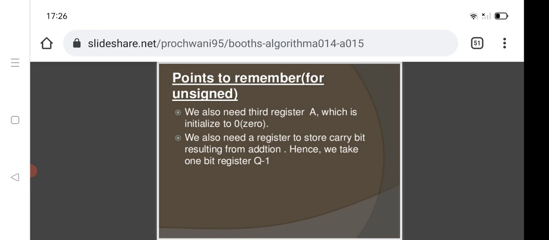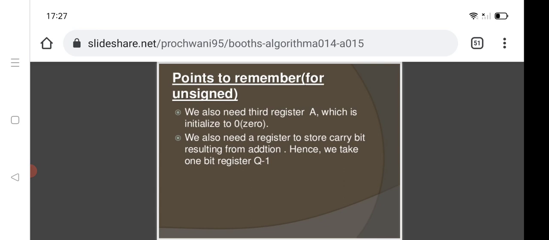To store that, we require a 1 bit register, which is Q minus 1. So in total we require 4 registers: the Q register, the M register, the A register, and the 1 bit register Q minus 1.